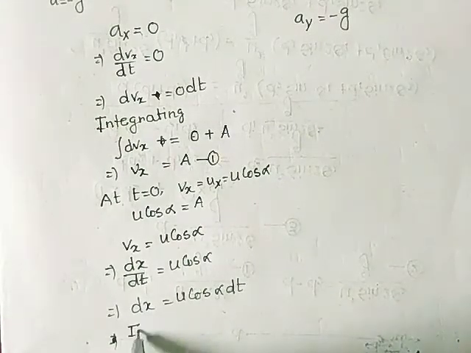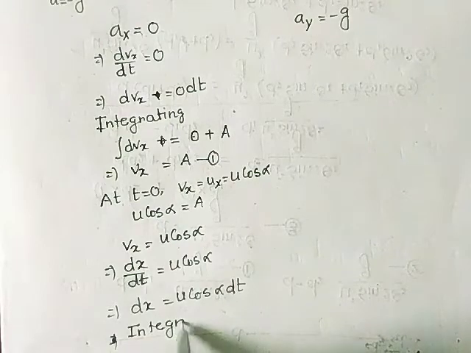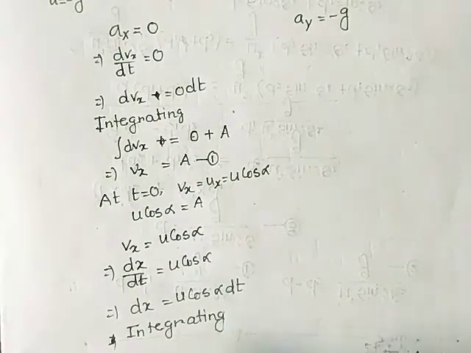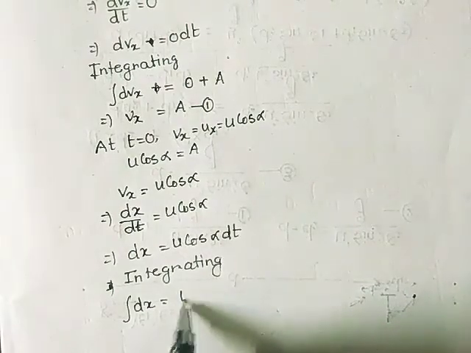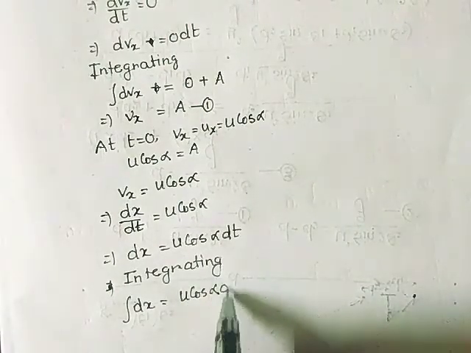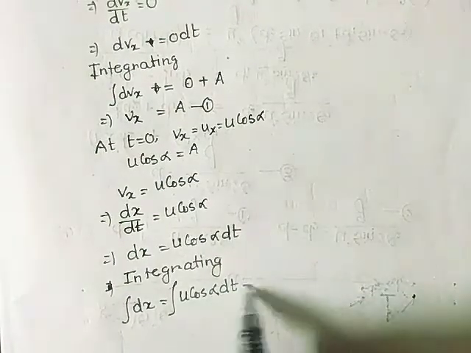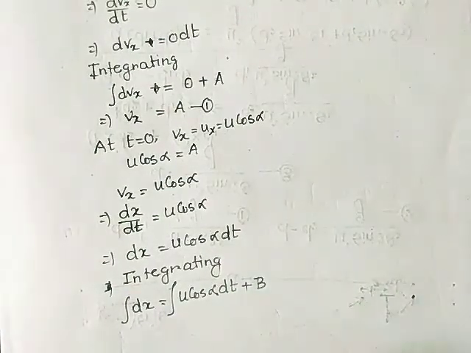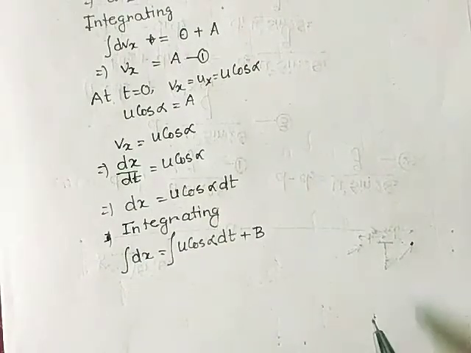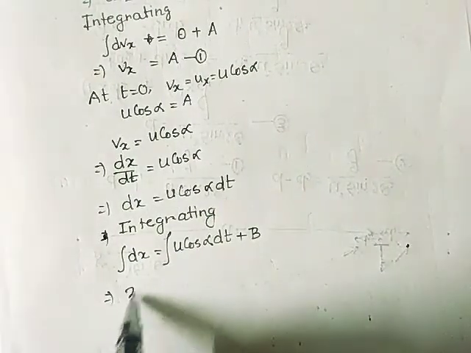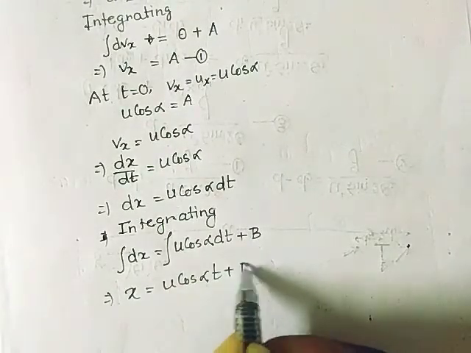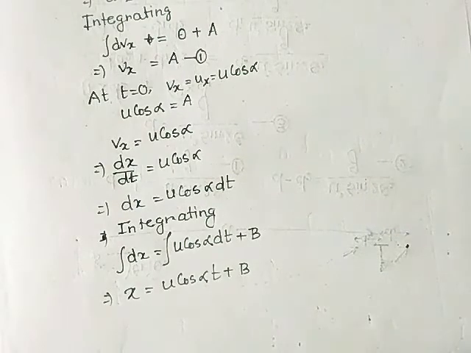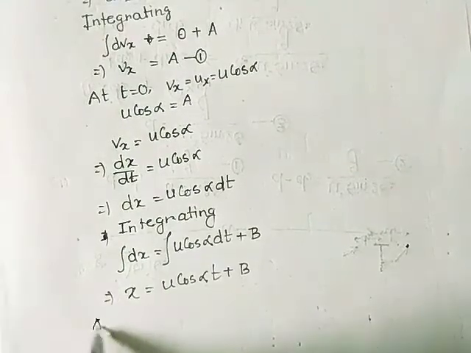If I integrate this equation, integrating dx equal to u cos alpha dt, with the integration constant now taken as b, we get x equal to u cos alpha into t plus b. b is the constant of integration that has to be found from the boundary condition.